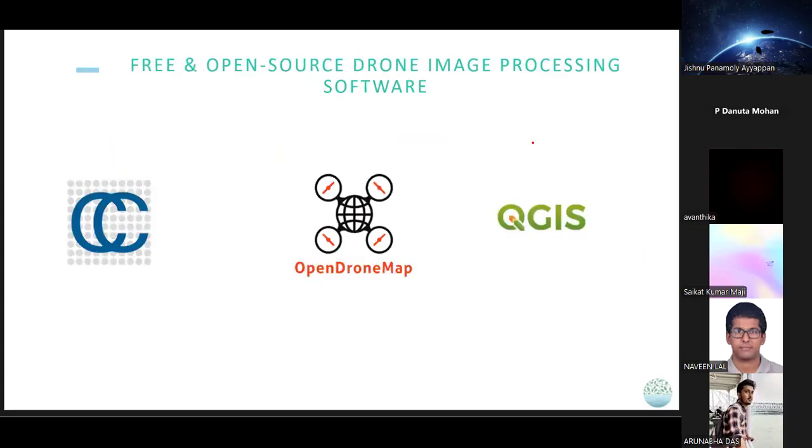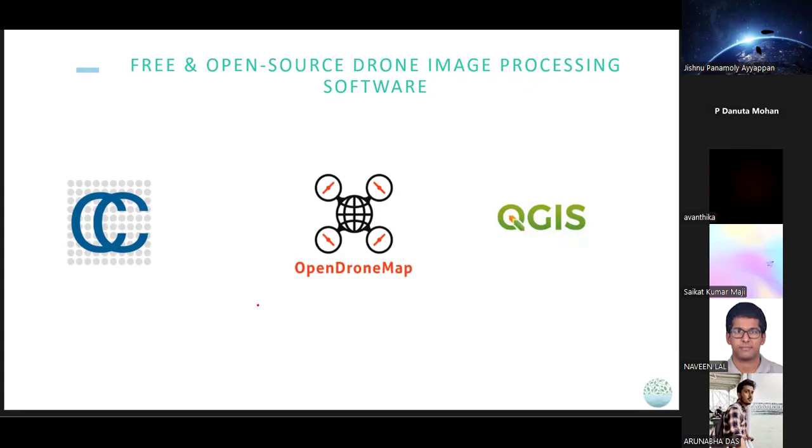Next come free and open source drone image processing software. Open Drone Map is one. There are CloudCompare and QGIS, which have started integrating various plugins where you can modify and generate point cloud data and carry out filtration. CloudCompare is another open source software you can explore, where you can do the filtration process and generate digital surface models and digital terrain models.